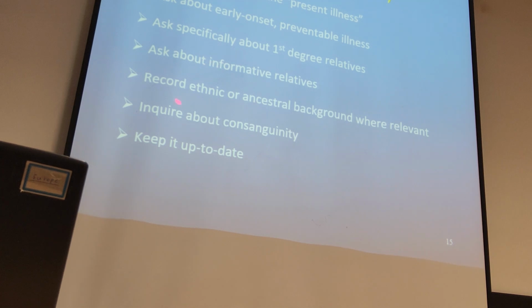We need to know about the ethnic and ancestral background, because some genetic disorders are common in some special ethnic groups. We need to know about consanguinity, marriage between blood relatives, and we need to keep it up to date.